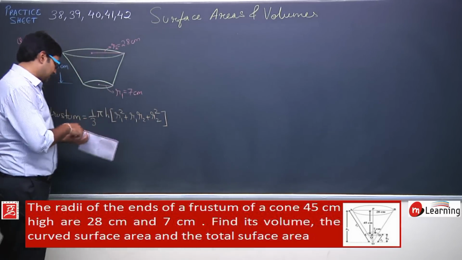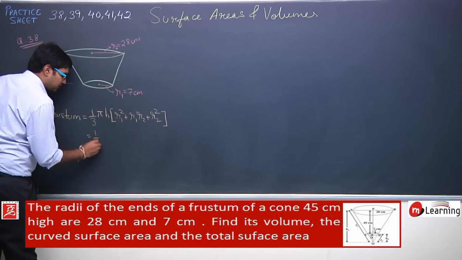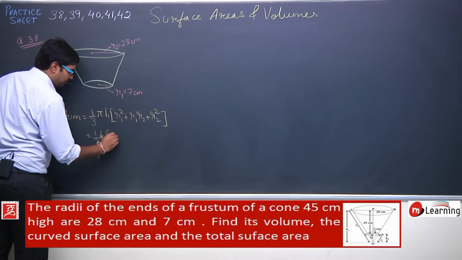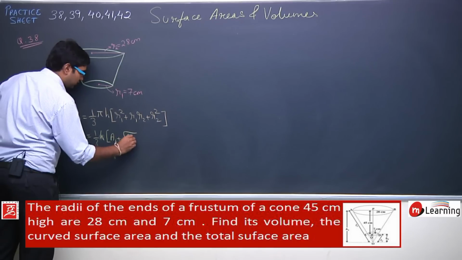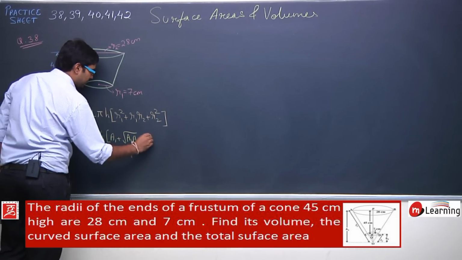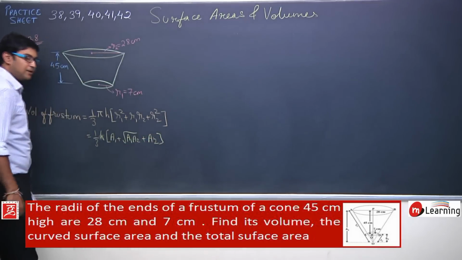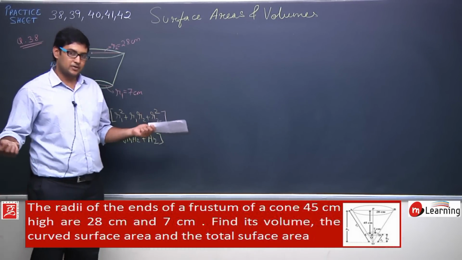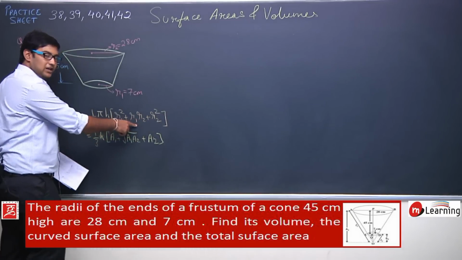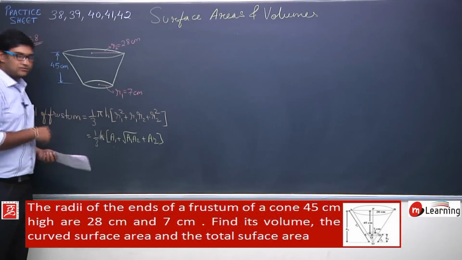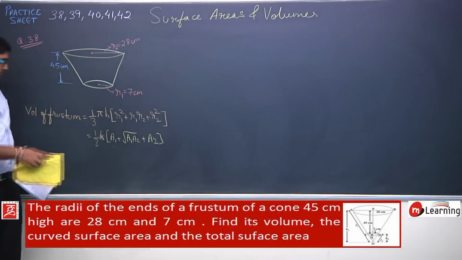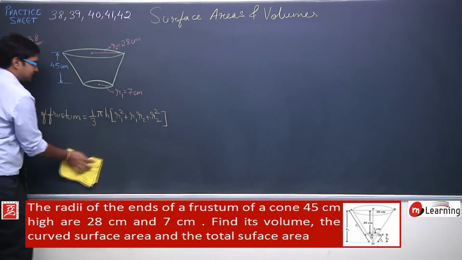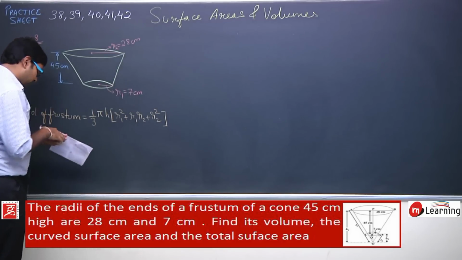You can also use 1 upon 3 h times the bracket a1 plus square root of a1 a2 plus a2. It depends on you which formula you want to use. Let us use this formula. It's totally up to you because the answer will remain the same even if you use the second formula.